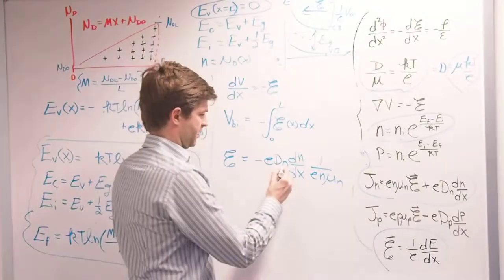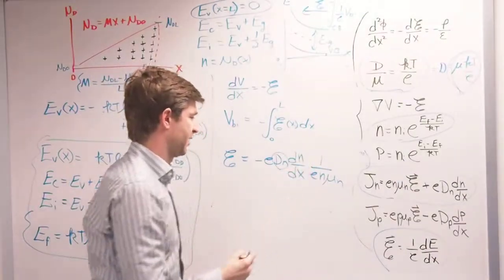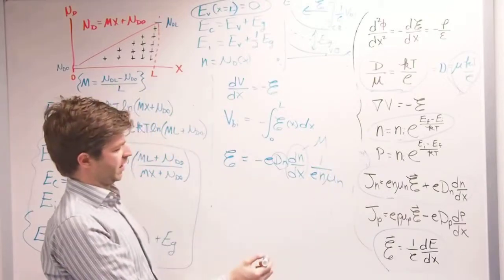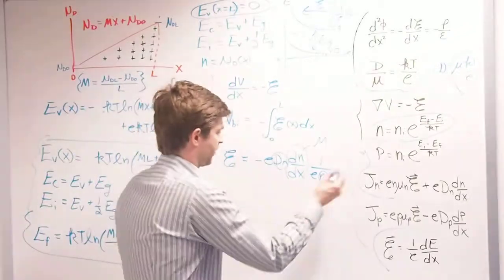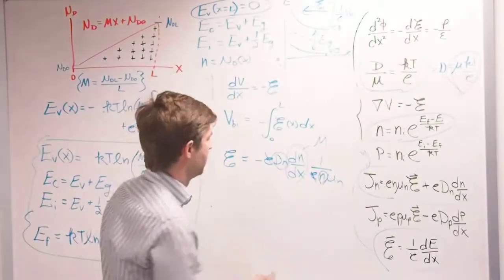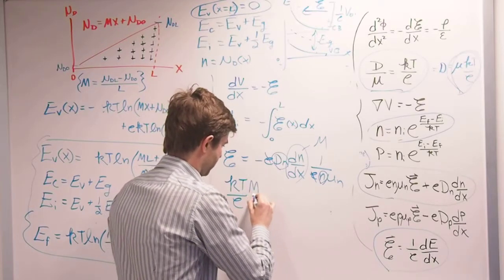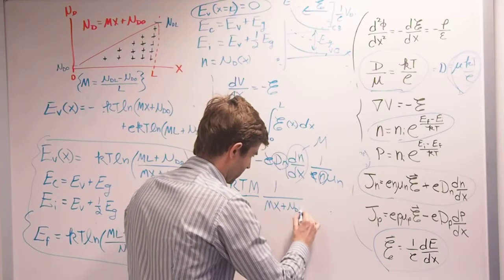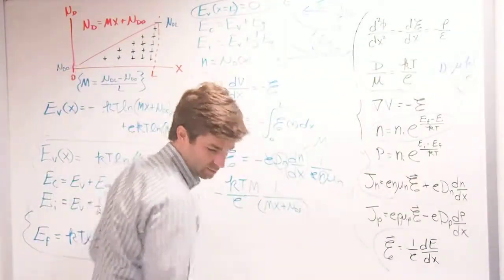Then my e's cancel out, dn over dx is just m, the slope, the gradient, and n is just our doping function, so this whole thing becomes kT over e times 1 over mx plus n d naught. That's our E, and it's negative.